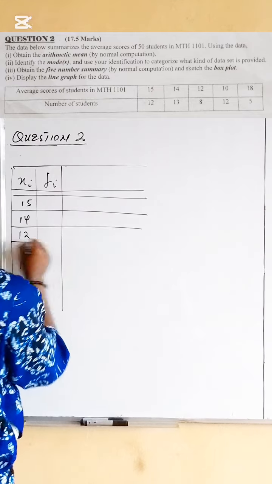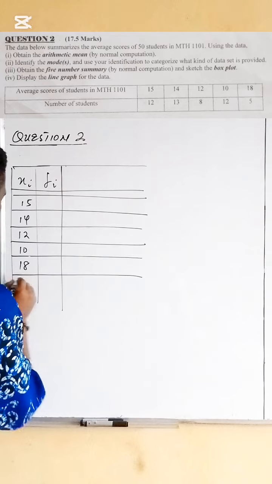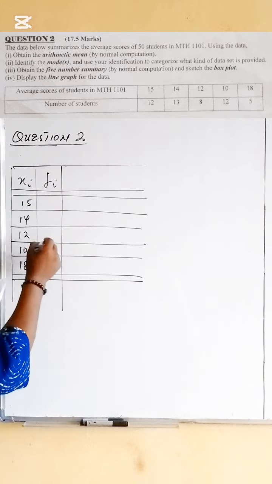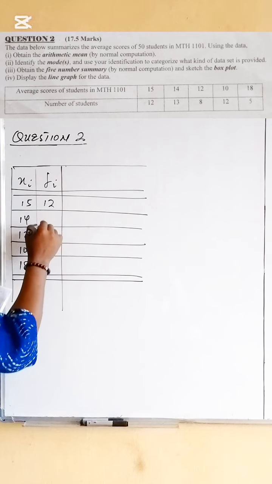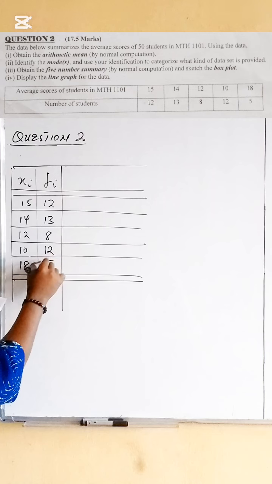These are my data entries. Now I'm going to put a line to demarcate my total. For frequencies, I'm going to put 12, 13, 8, 12, and then 5.